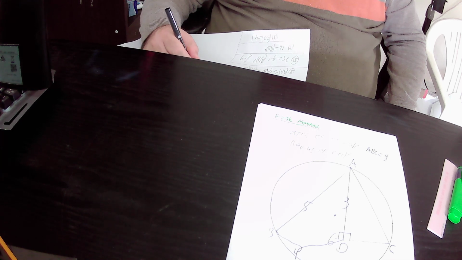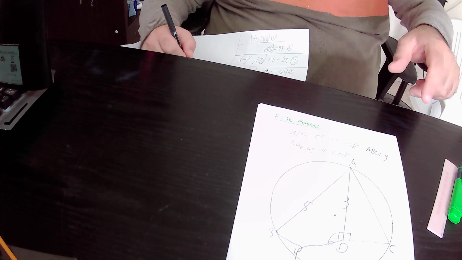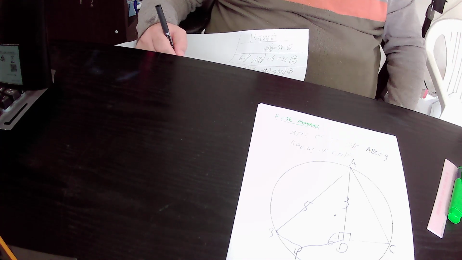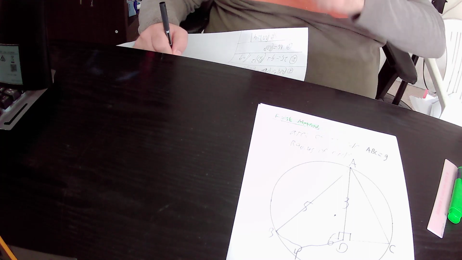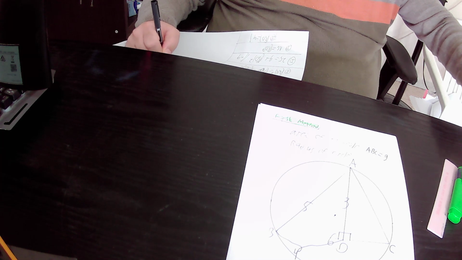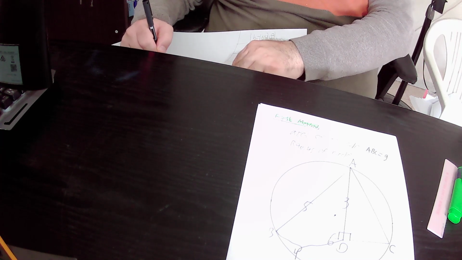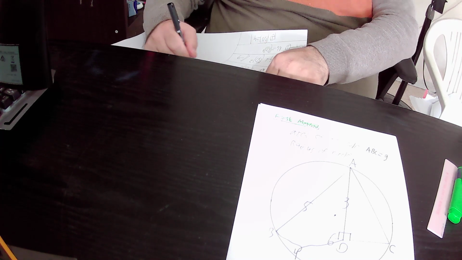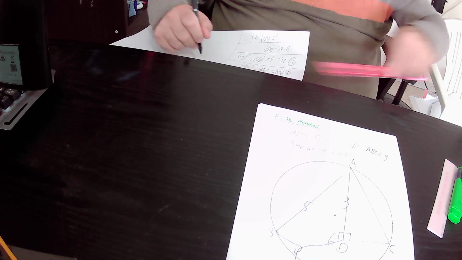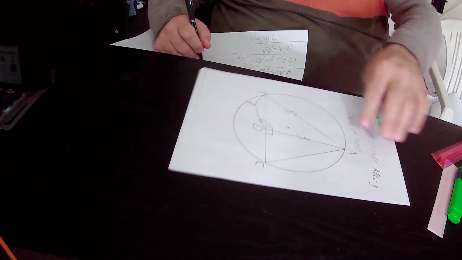So DC equals BC, BC is 6, minus BD, BD is 4. So in conclusion, DC equals 6 minus 4, that is 2. That is to say, DC equals 2 units. We can write here that DC equals 2 units.